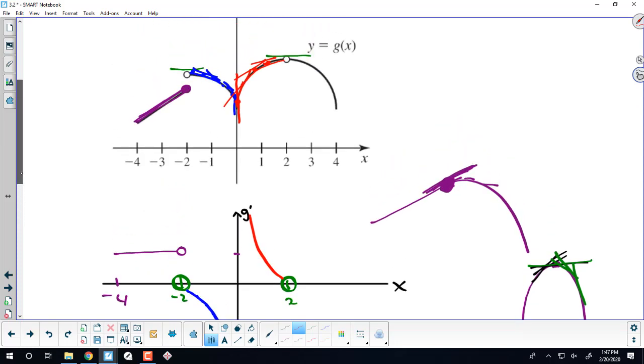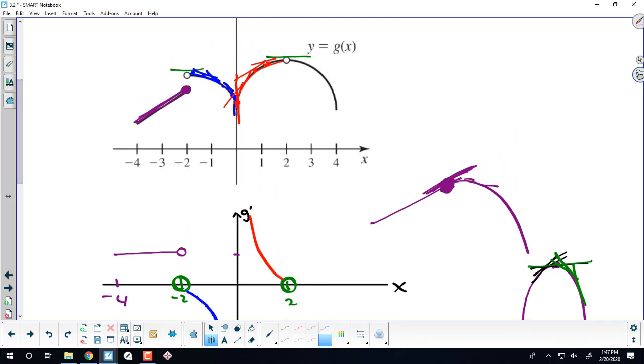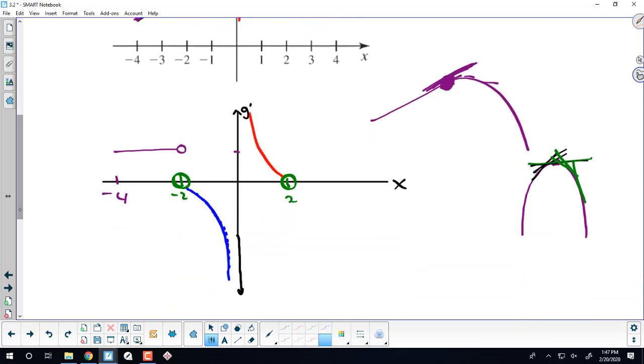And then after that horizontal tangent at +2, what are our tangent lines doing here? More negative. More and more negative. They start out pretty much flat, then they're negative and more negative.